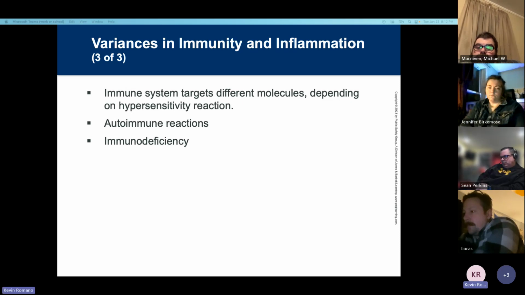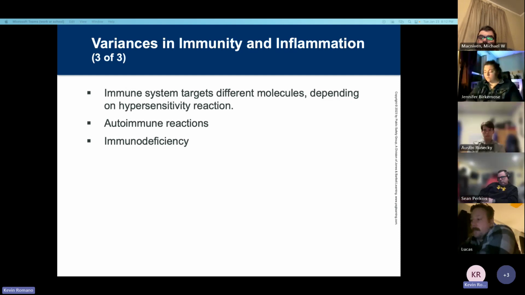Immune deficiencies, right? The body's immune system is inadequate and resistance to infectious diseases is decreased. This can be congenital or acquired. Congenital immunodeficiencies are patients that have inherited defects that involve lymphoid stem cells. What they call an acquired immunodeficiency.